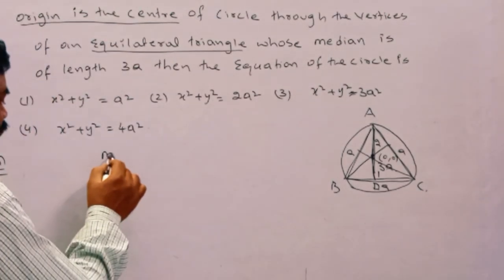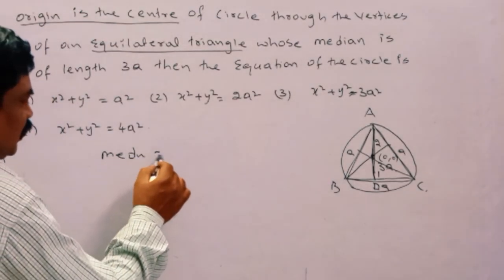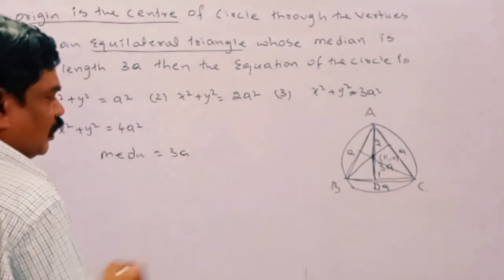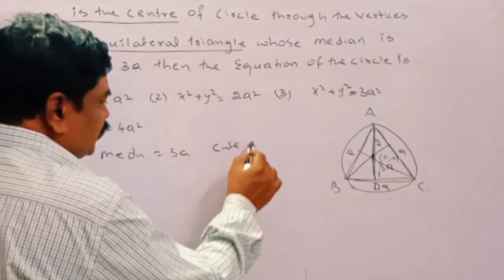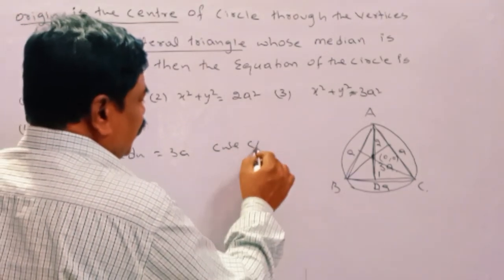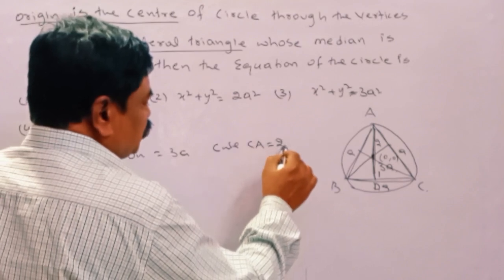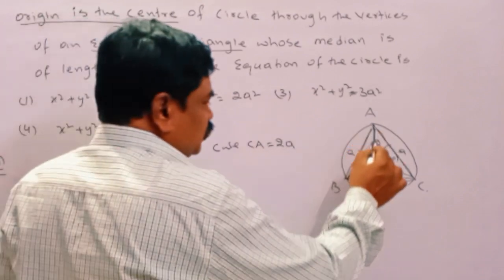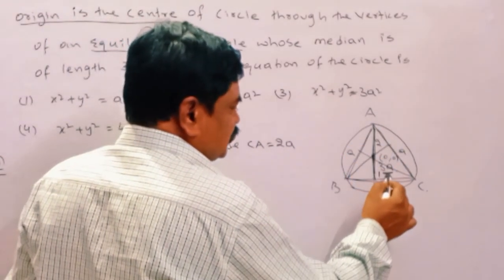So median is equal to 3a, and center C to CA is 2a. This is the 2:1 ratio, this is 3a.